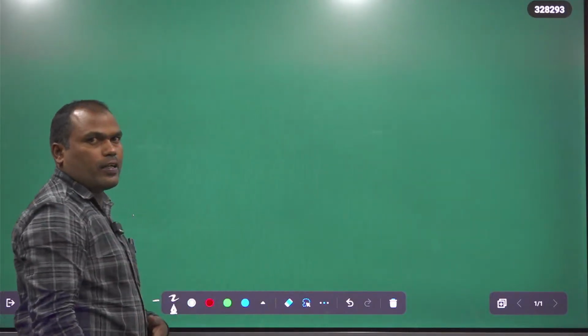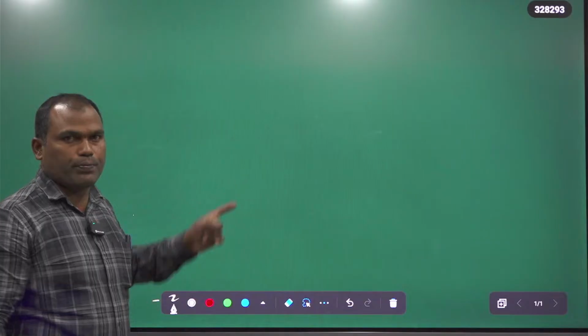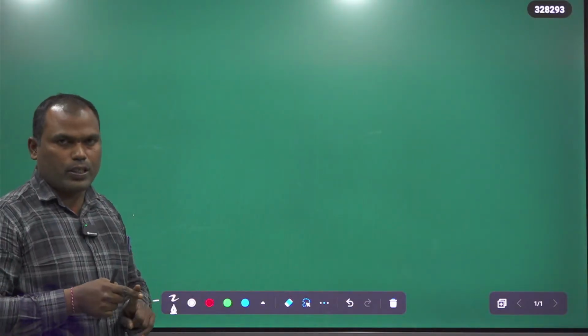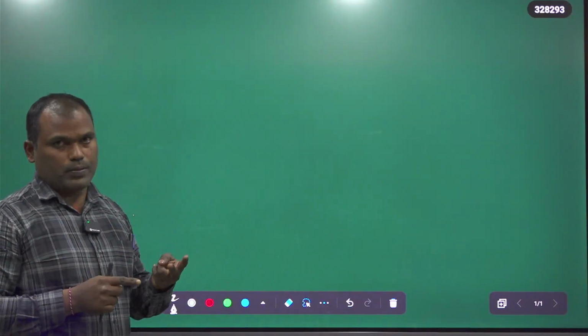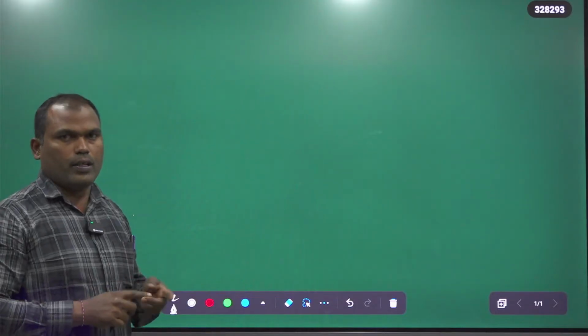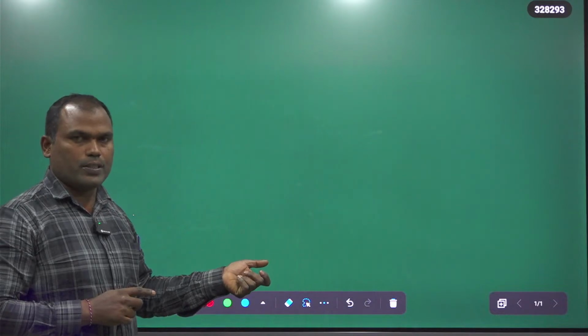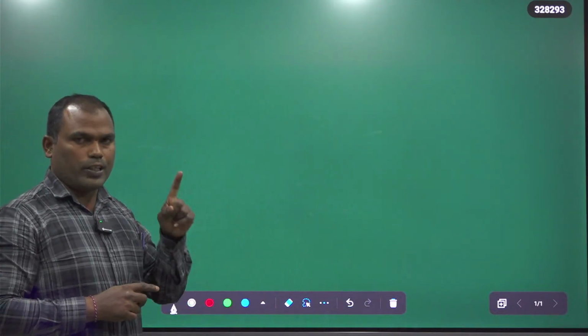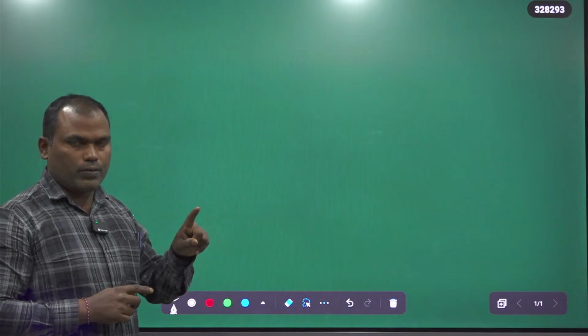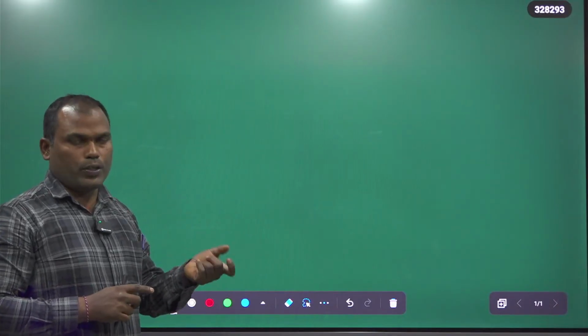So this is order and degree, just the basic definition. First, differential equations are mainly of two types: ordinary differential equation and partial differential equation. A differential equation is an equation involving one dependent variable and its derivatives with respect to one or more independent variables.